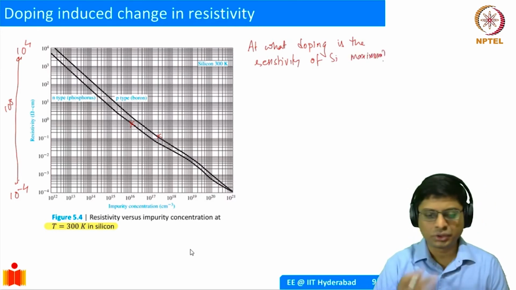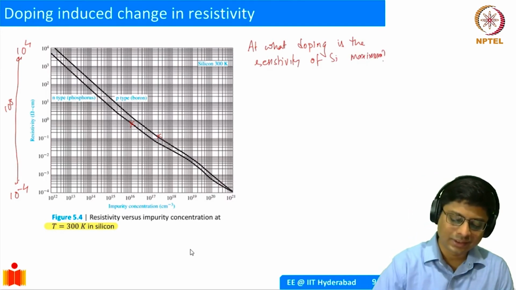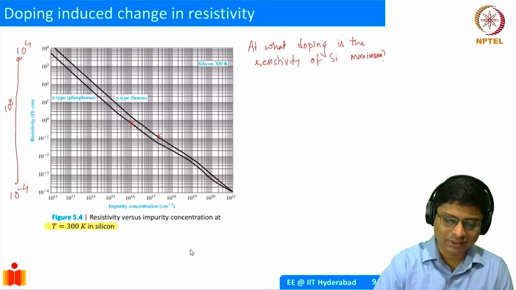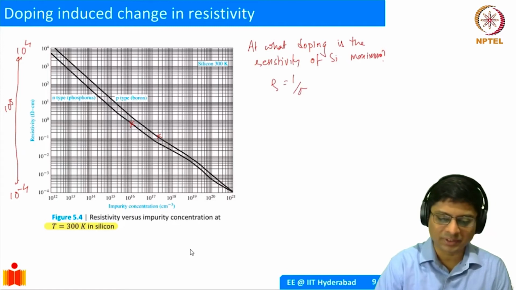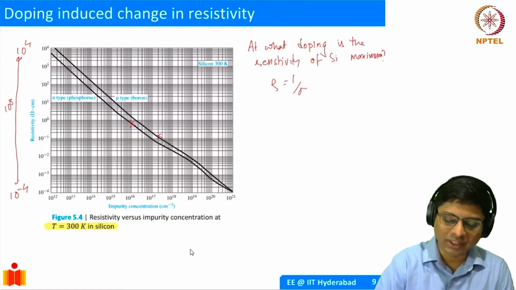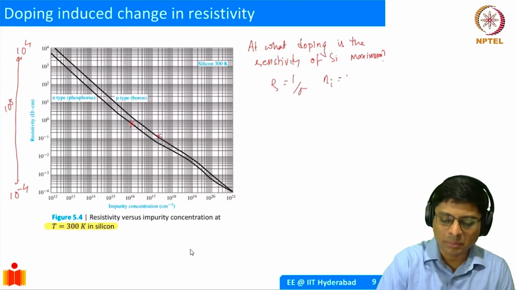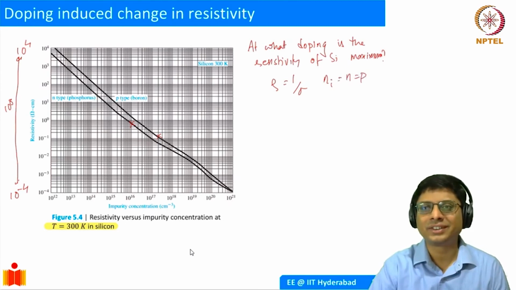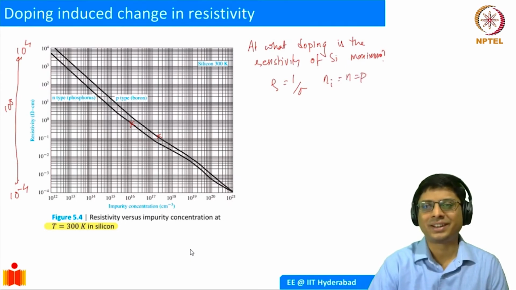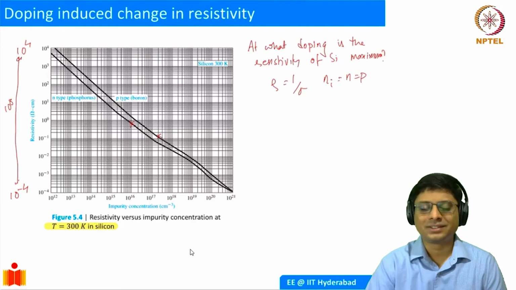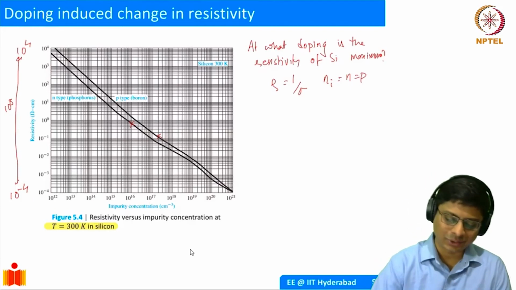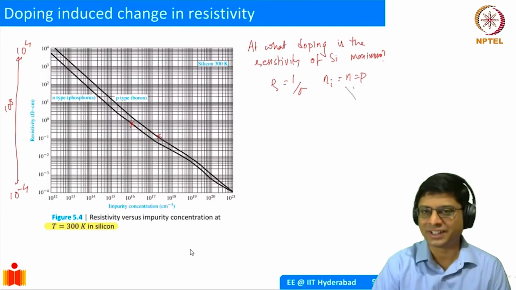You might be tempted to say that resistivity is 1 over sigma, and we have seen the expression in the previous case. So you might be tempted to say Ni equal to N equal to P, the intrinsic carrier concentration, and maybe the resistivity will peak there. Well, you have to be careful. This is not going to be the answer.